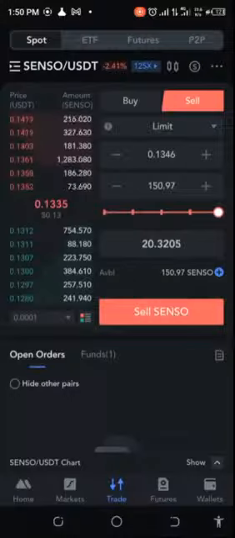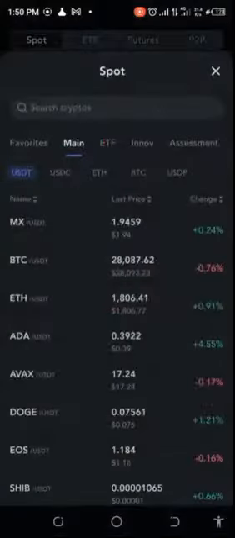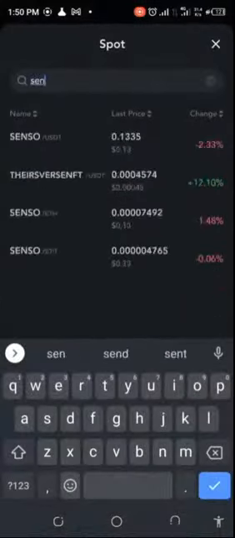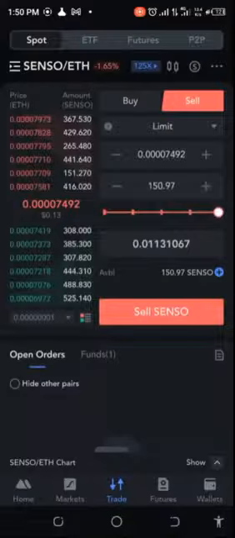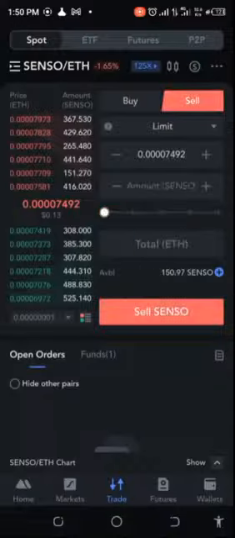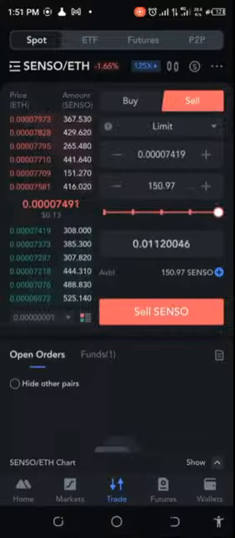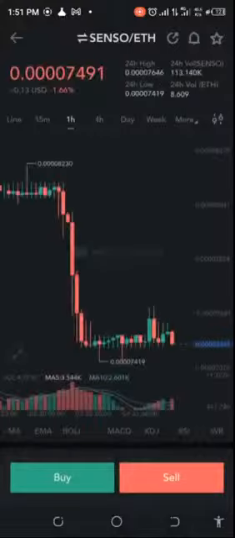But what I'm seeing here is that if we sell back to Senso ETH, which looks like it's climbing, we might likely get more. Oh no, not at all, because this amount wouldn't give us that much. We're definitely not going to get much from here. It was initially higher because I saw that it had a good spike, and then all of a sudden, now it's coming down.